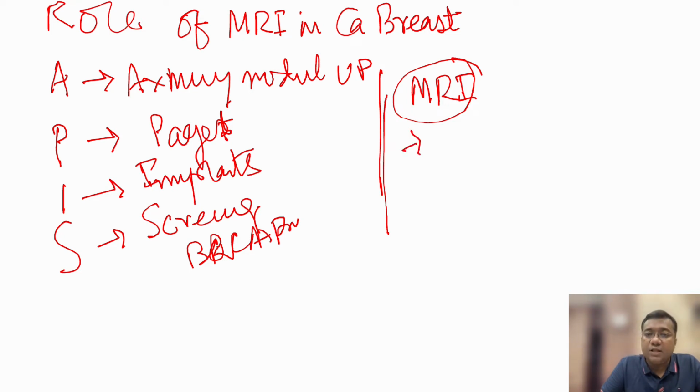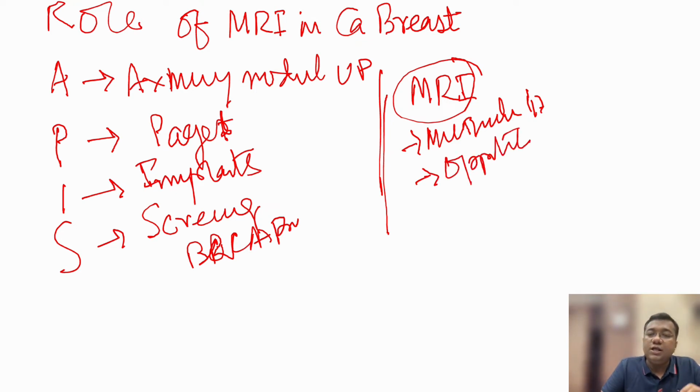There MRI helps you to diagnose any multiple lesions or multicentric lesions in the ipsilateral breast or any surprise in the opposite breast. Okay, so especially where you get patients with denser breast, there you suspect either a multifocal lesion or any lesion in the opposite breast, you do an MRI.